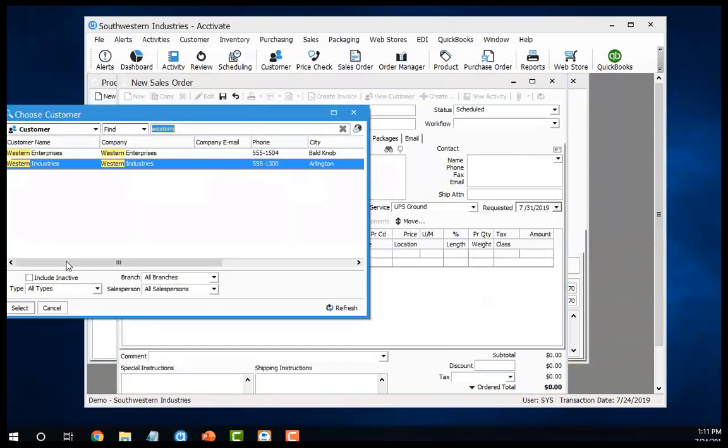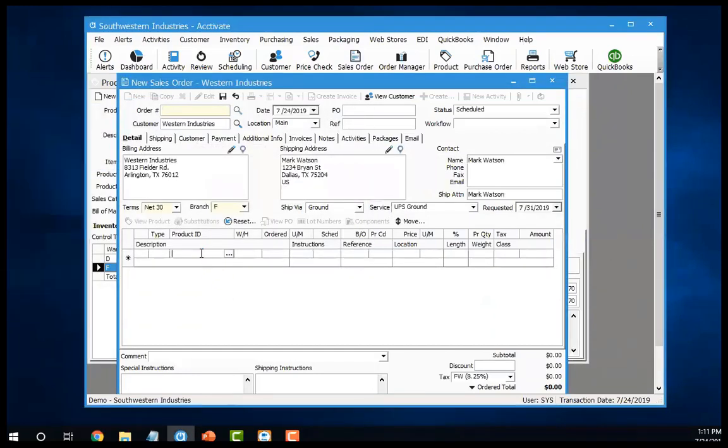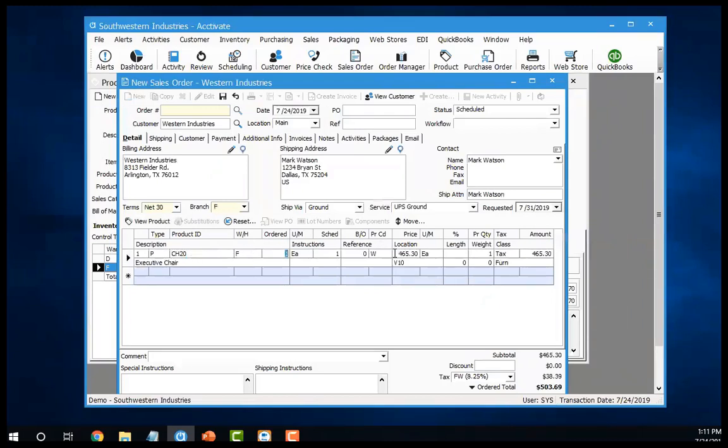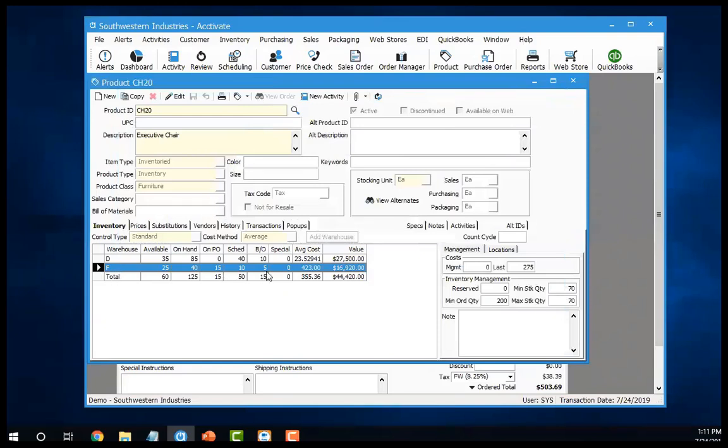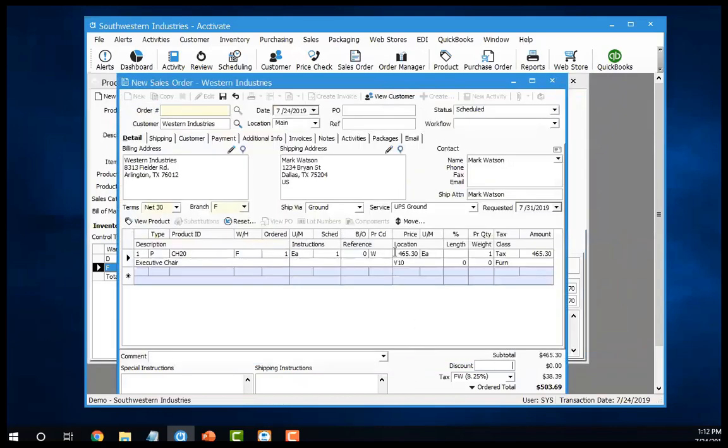So I'll make that same order, same customer. And see, the price pops up differently. Now it comes up as $465.30 instead of $400, because we're taking the average cost of this product in the F warehouse, $423. We're adding 10%, so $42.30, and here we go.